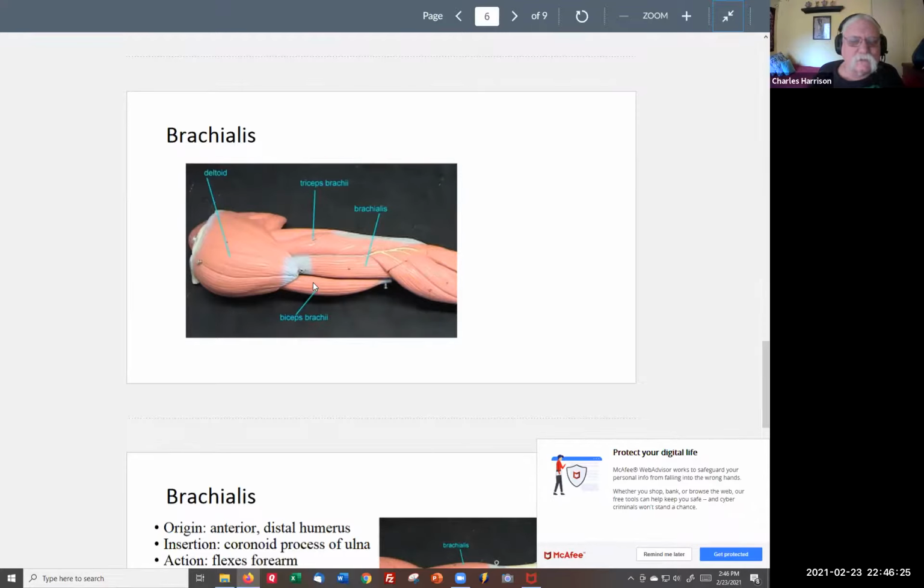Actually straight down is over here. This is the biceps. This is the brachialis. And this one and this one here are two of the heads of the triceps. The third triceps head is in this groove between the other two. So if you can find the triceps, that's the way I like to do it, find the triceps, come in front, put your probe or your mind down and cut it.